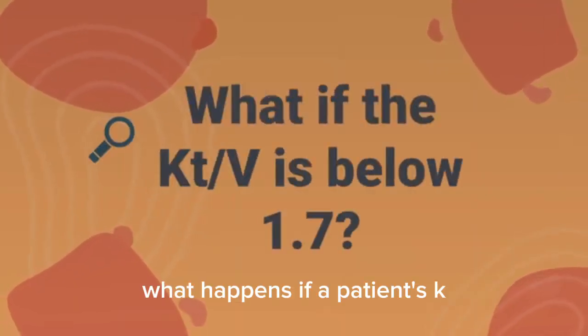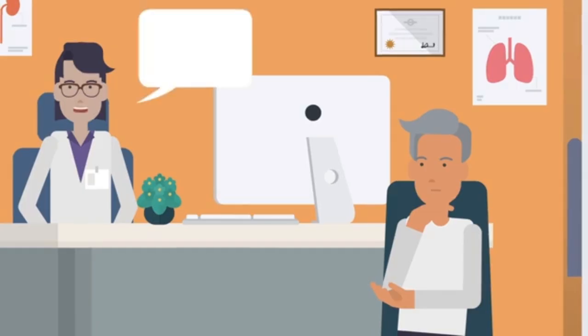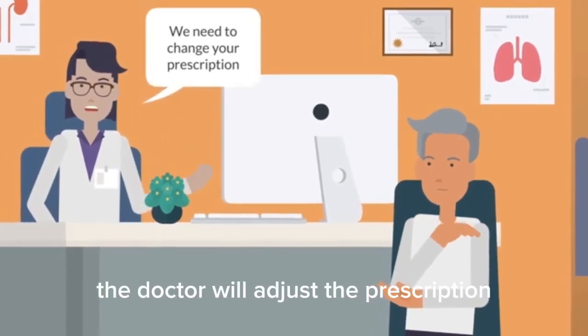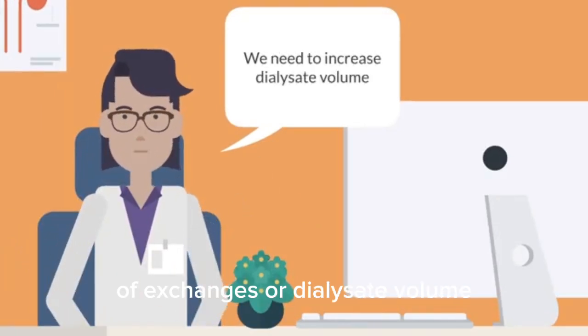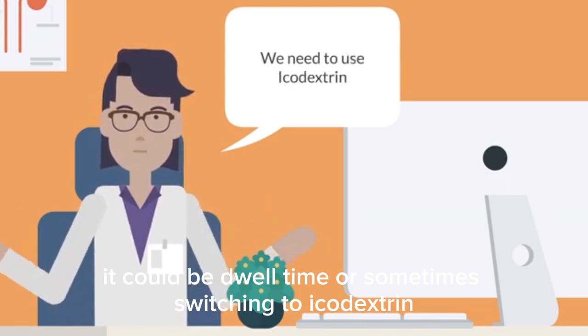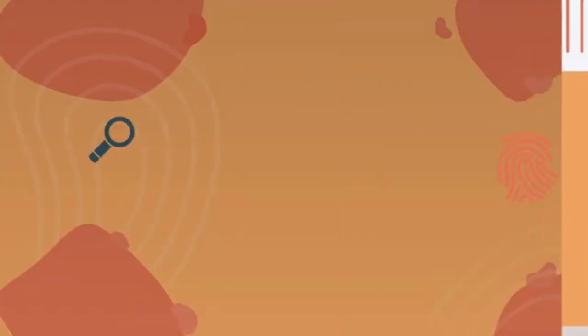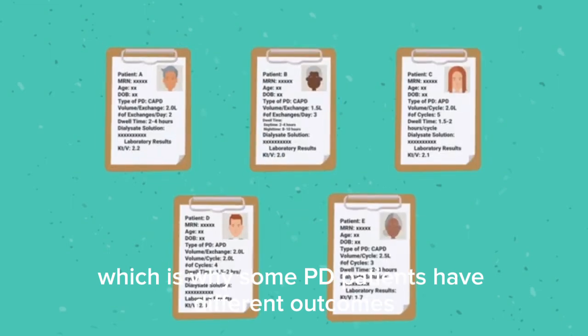What happens if a patient's KT/V is below 1.7? The doctor will adjust the prescription either by increasing the number of exchanges or dialysate volume. It could be dwell time or sometimes switching to icodextrin. Every person's peritoneum is unique, which is why some PD patients have different outcomes.